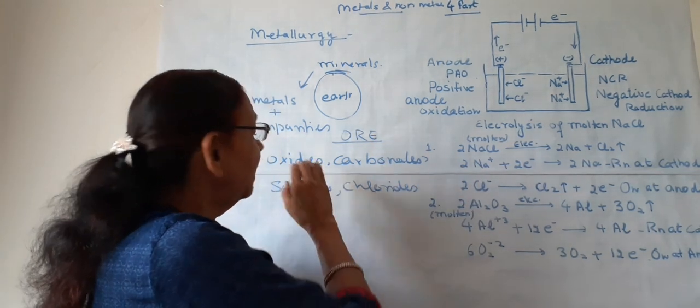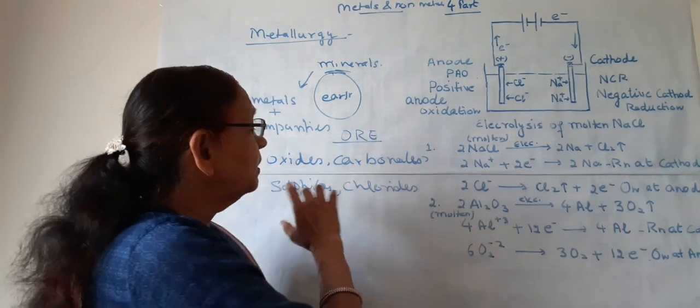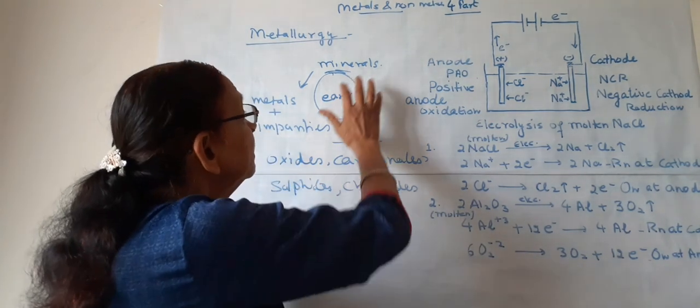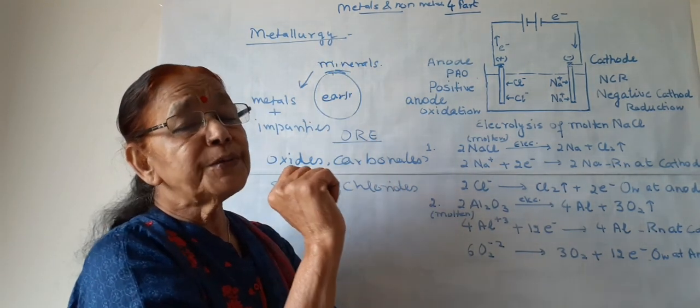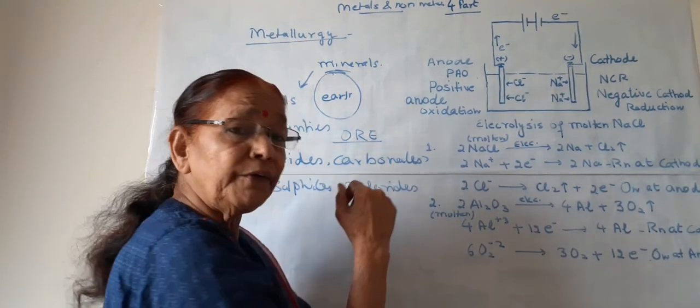So most of the metals are present in the form of oxides. So this is how these metals are present in the minerals. Now which metals are present free? Which metals are present in combined form?